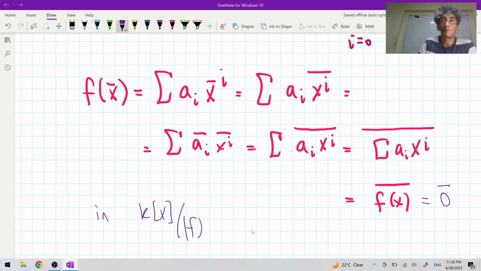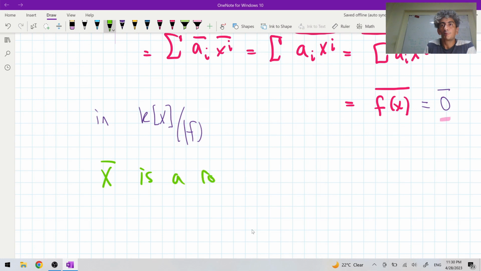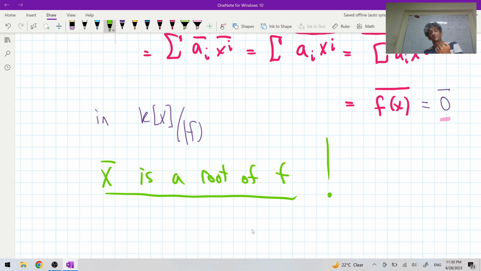So for the polynomial f, the class of x actually works as a root. In this field, the class of x is a root of f. So this field contains a copy of k and also contains a root of f.